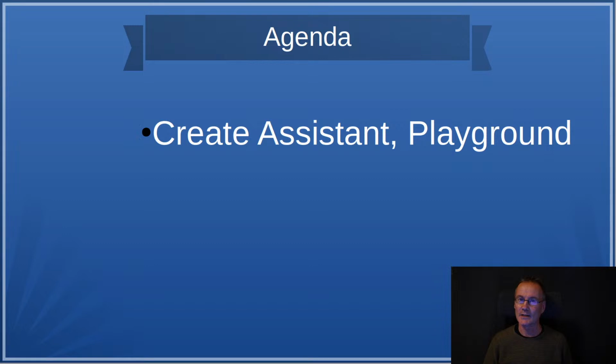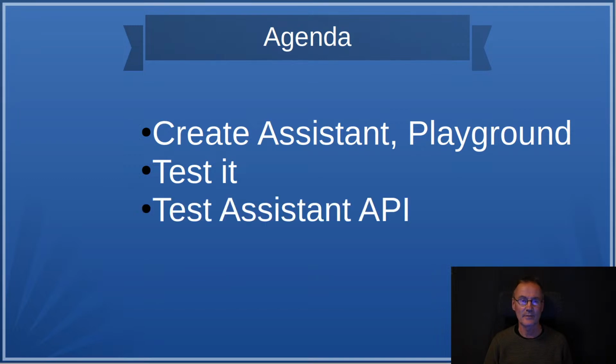Let's do an assistant first in the playground and try it out a bit, just to see what it's got. And then look at the assistant API that is interesting from the viewpoint of OAI. So look at what we need to change and what we can get out of it.